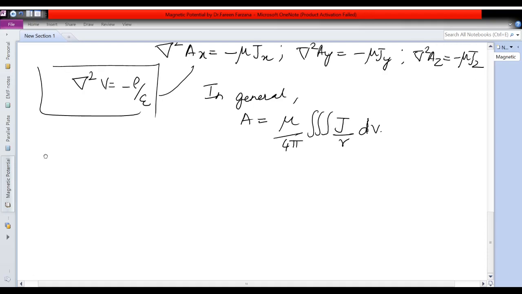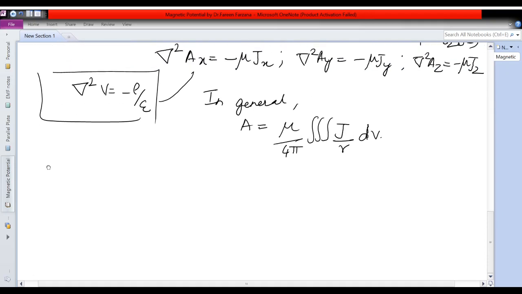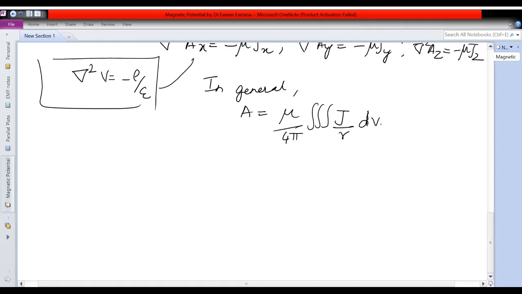I will tell you what is the correlation. Usually in electric potential, we write V is equal to Q by 4 pi epsilon into R. In this, 1 by 4 pi epsilon is a constant, Q is the charge which is the source of your electric field, and R is the distance.